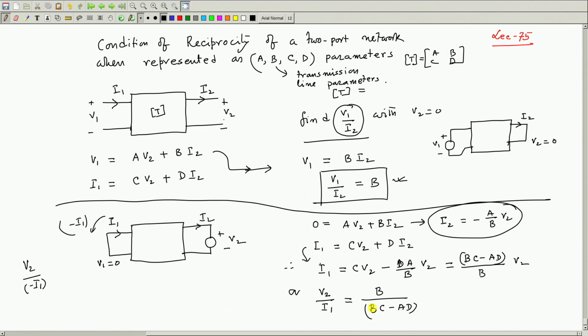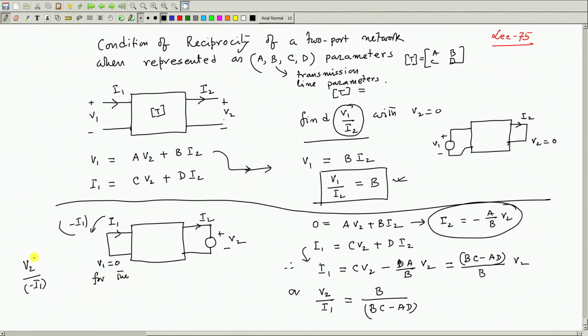But the question is here, because this I2 I have defined in a different way. For one experiment you have excited this side and got the current this way. So, to have the network satisfying reciprocity, same polarity of voltage I have applied on this side, but I should take the current in the same way, is it not? So, I should not equate V1 by I2 to V2 by I1. What will it be equated to?